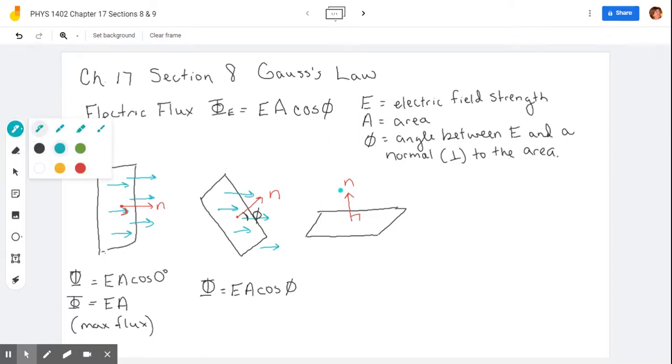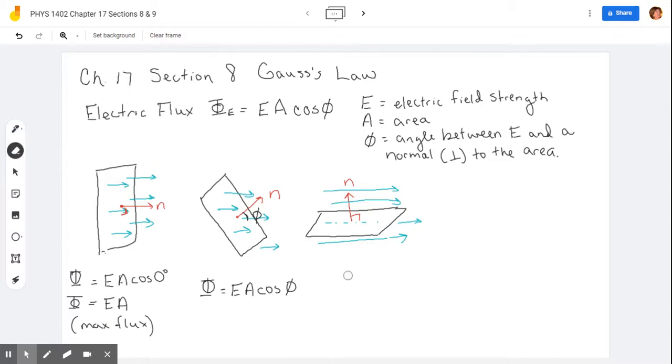And the actual electric field lines are all still pointing to the right. I'm going to draw a dotted one underneath here. But none of them would actually intersect the surface, right? You cannot intersect a flat plane. It doesn't have any width.